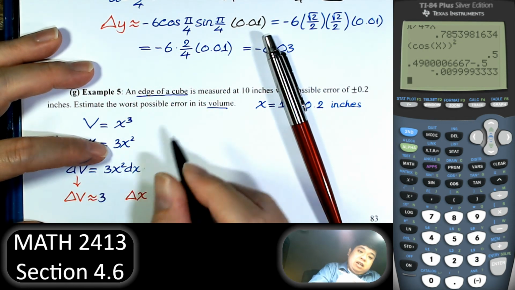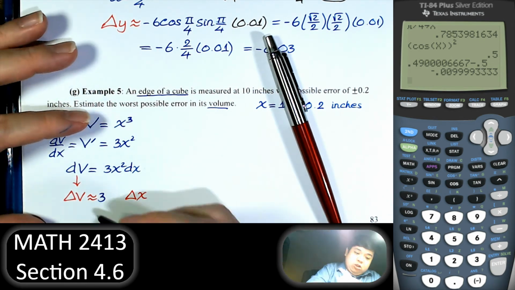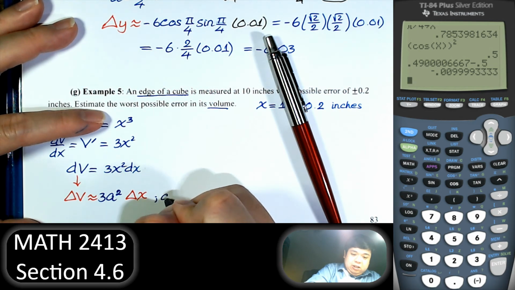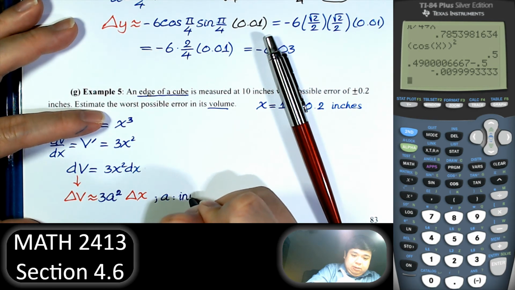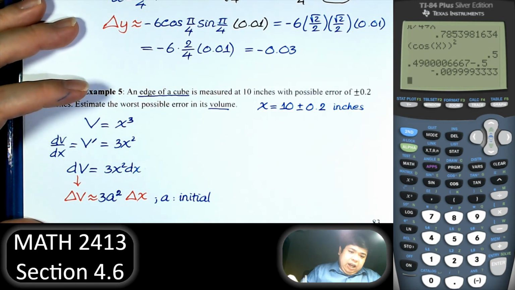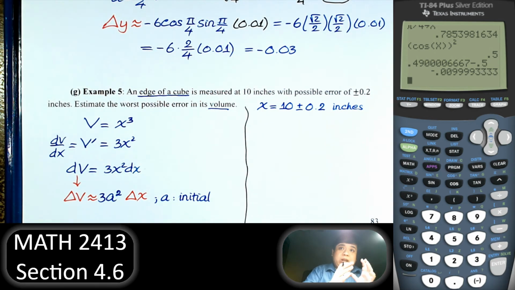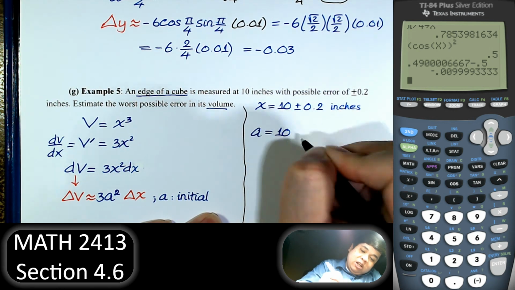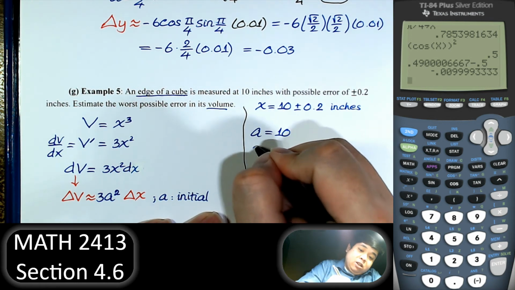Instead of x, it has to be evaluated at the initial value, a. So now ideally we want the initial to be 10, which is good. So in this case a is going to be 10, but in reality there may be some error.